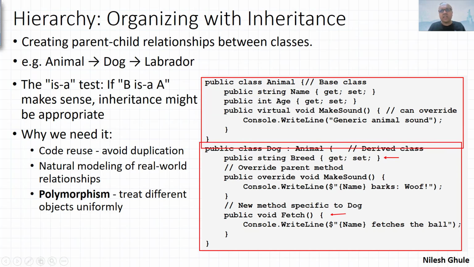This is technically called method overriding, where you see that the method named make sound is overridden. Though an animal can have any generic sound, the dog, yes, it barks. So this is a very basic-level example of inheritance.